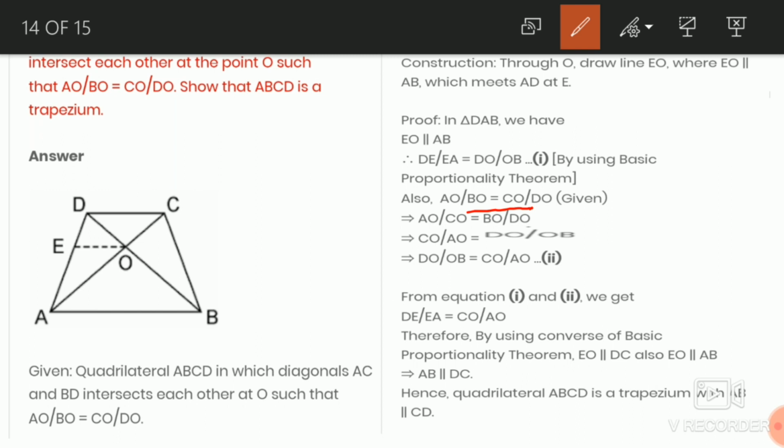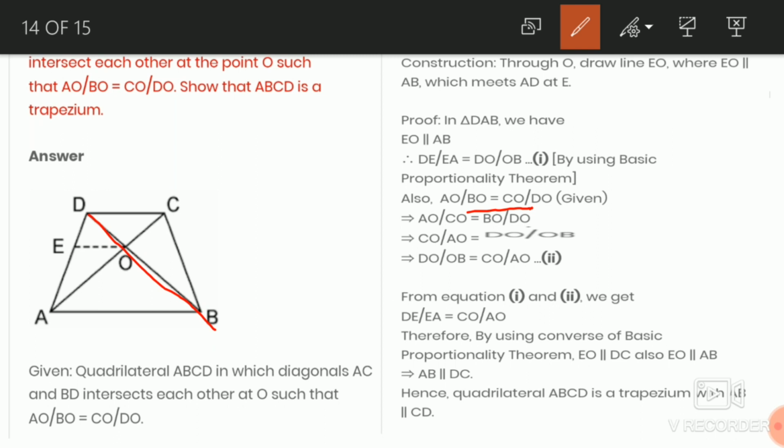And CO went to the opposite side and came to the denominator. Now the question may arise why we are doing so. If we focus on equation 1, we have DO by BO. That is, DO and BO construct the line DB.